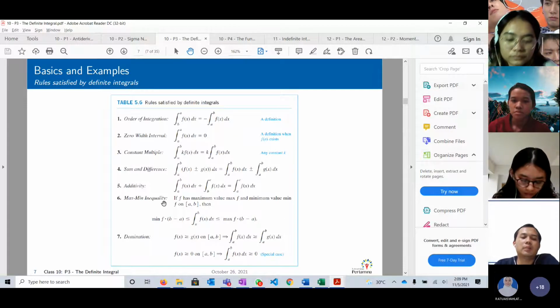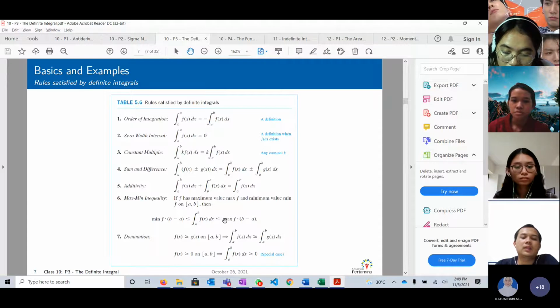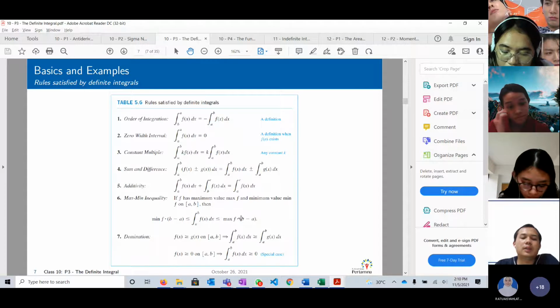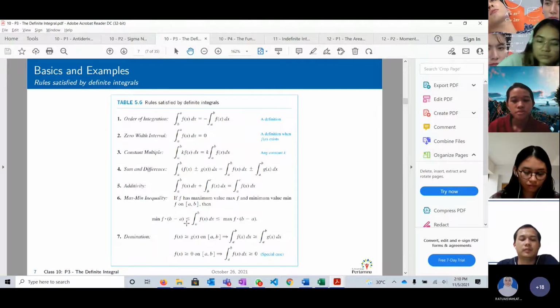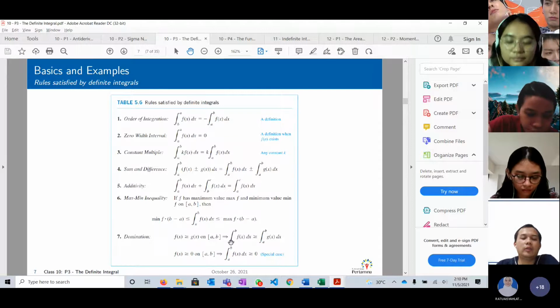And then there is this max-min inequality. If we have the integral from a to b of f(x) dx, then it must be less than or equal to the maximum of f times b minus a, and greater than or equal to the minimum of f times b minus a. We also have domination.